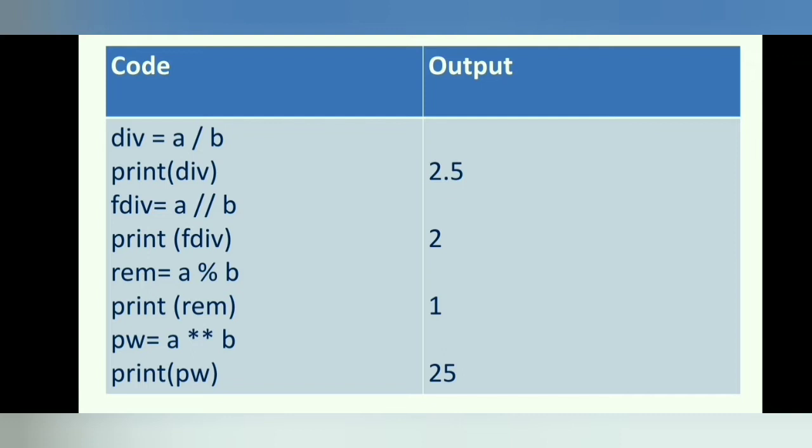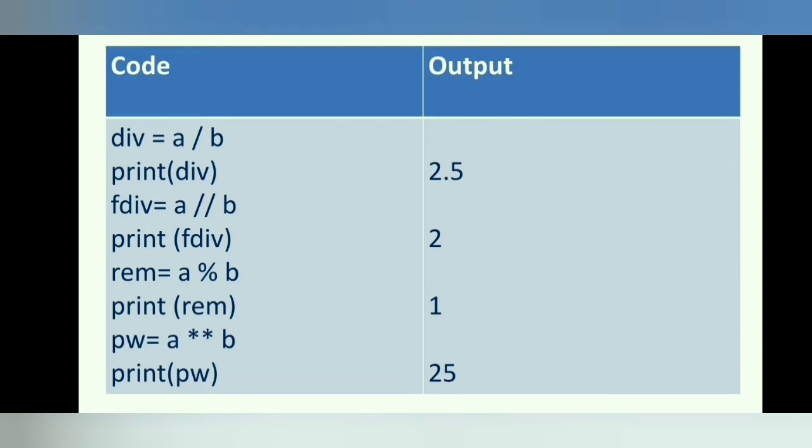That is the closest integer value that is less than or equal to a specified value. If both the operands are positive, the digits after the decimal points are removed from the result. But if one of the operands is negative, the result is rounded away from 0.